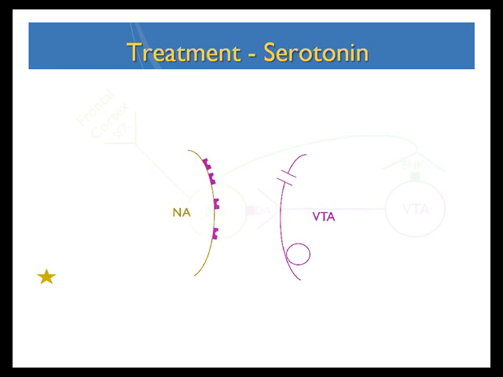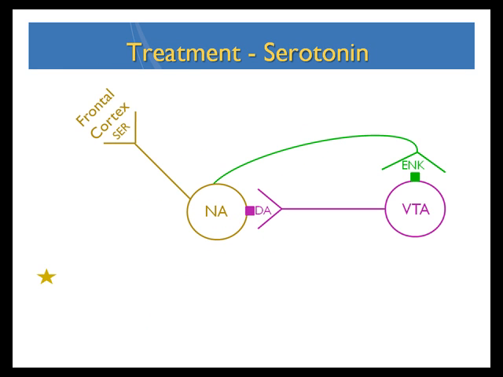So let's go back to the original cartoon of the reward system. Normally, when the nucleus accumbens is getting enough dopamine signal, it's sending a good serotonin signal to the frontal cortex. But what if there's something wrong in the nucleus accumbens so that even if it gets enough dopamine tone, it doesn't send a good serotonin signal to the cortex?